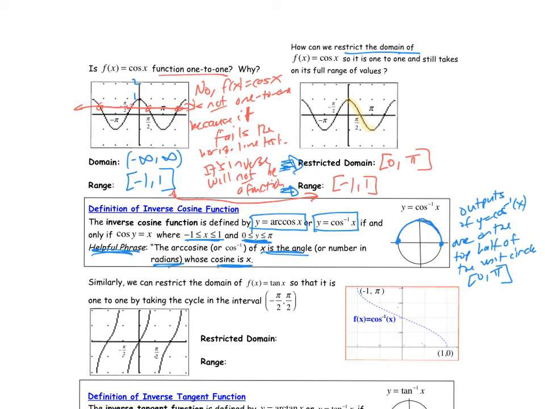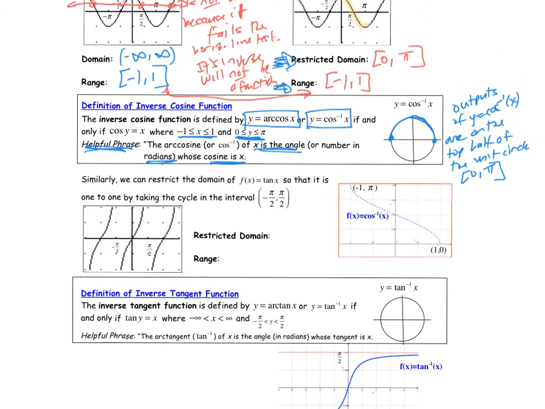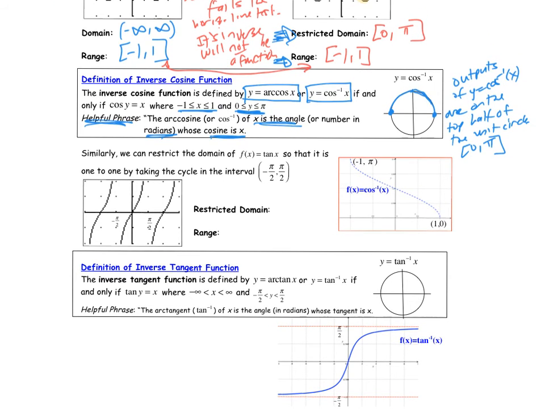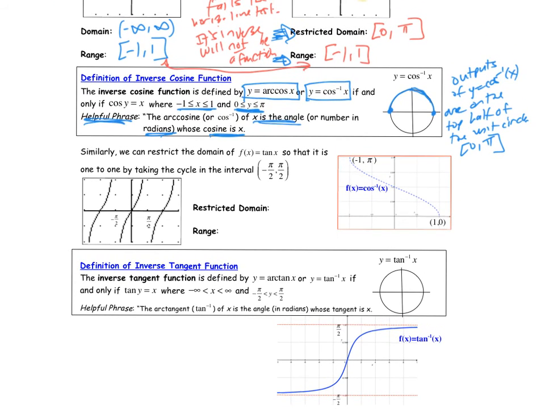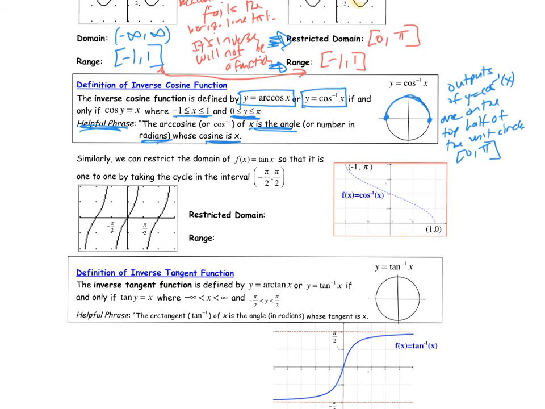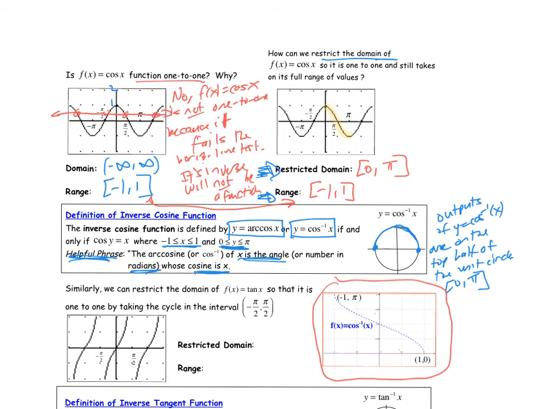And that's going to be really helpful when we evaluate inverse cosine. We're going to do the same analysis quickly for tangent. Oh, but first, let's take a look at the graph. This is the graph of cosine inverse of x, and it is the reflection of that little piece of the cosine function that we highlighted up here.